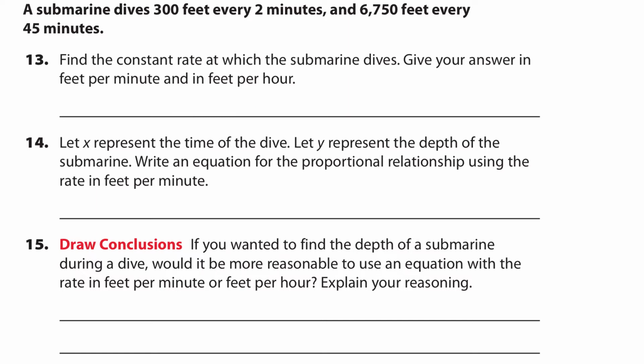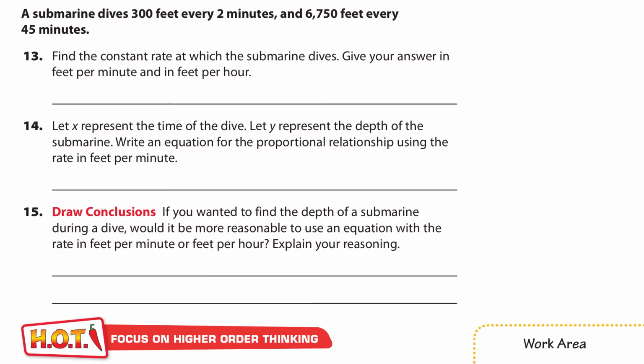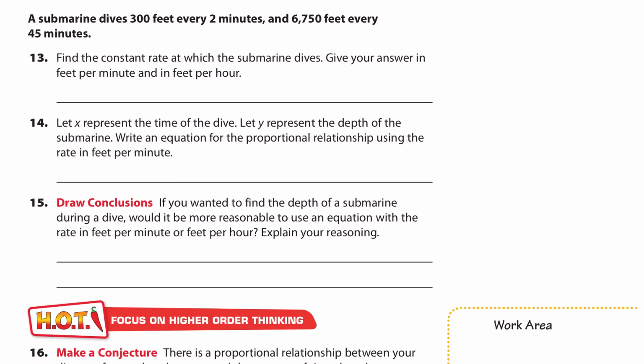Okay, so let's do this work over here. We have 300 feet per 2 minutes. So this is feet per 2 minutes. I want to know per minute, so if I divide 300 by 2, that is 150 feet in 1 minute.